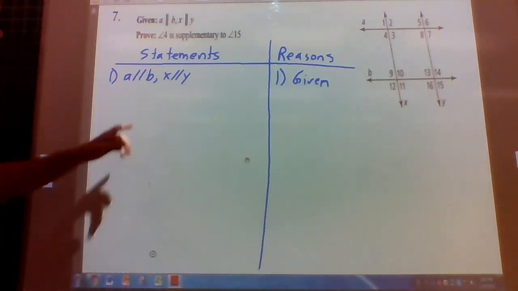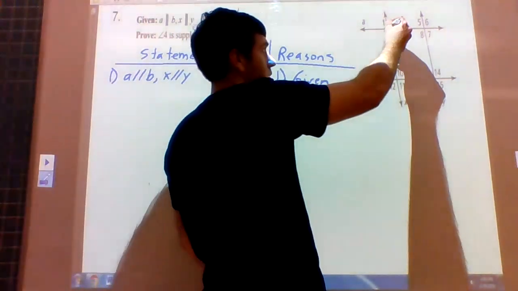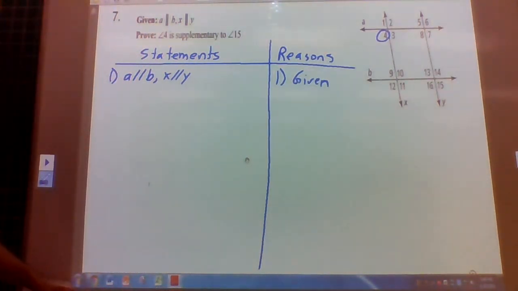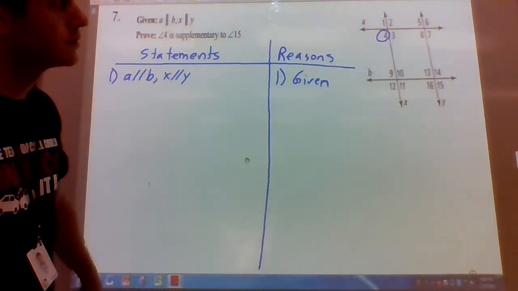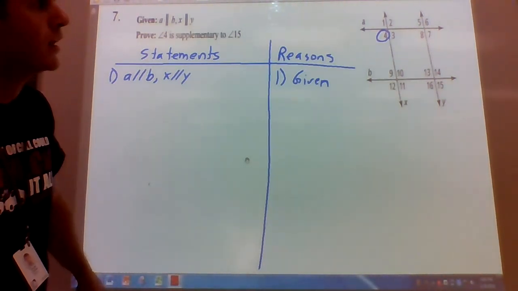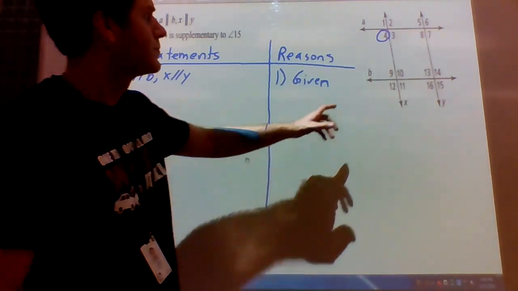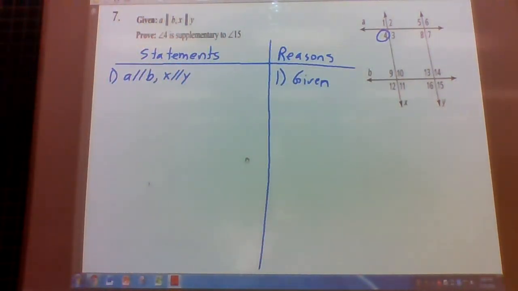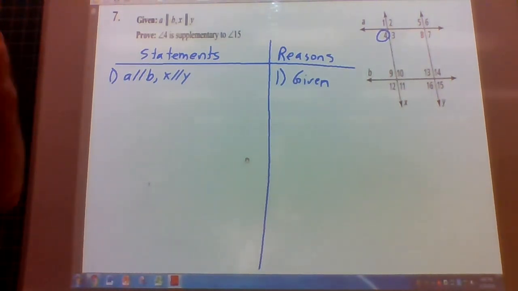So we want to get from 4 to 15, so let's start at 4. Many different ways to do it. I want to get there in as few steps as possible. Well, they're going to be supplementary. We're going to have to do 3 steps.